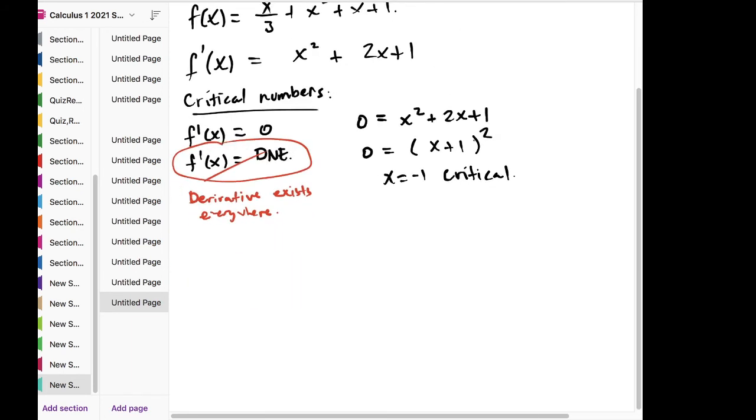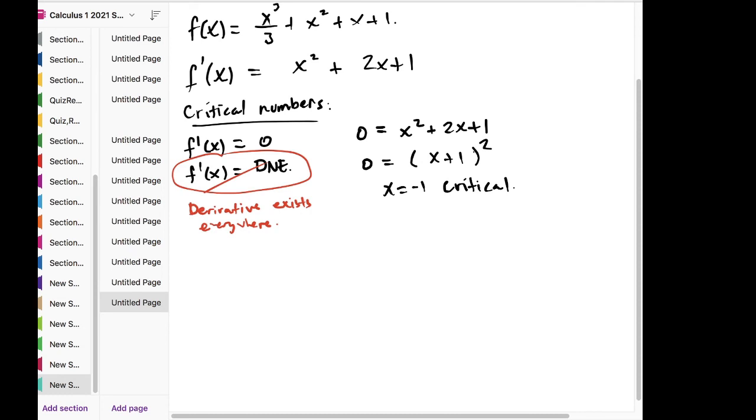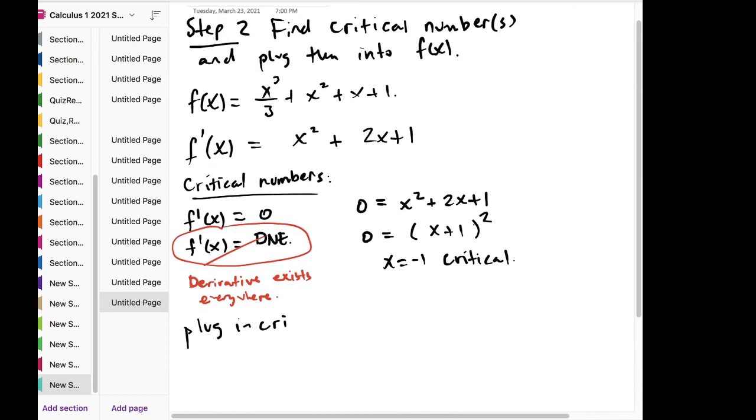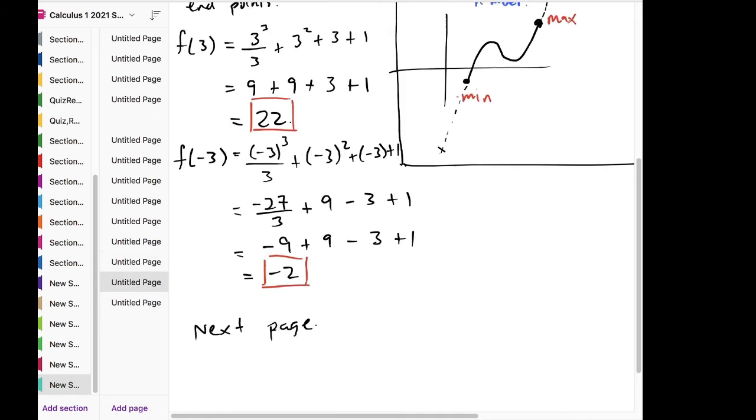There's only one of them in this case. So now plug in the critical number. Where do you plug in the critical number? The original function f of x, right? Because we're looking for the max and min values of the function f.